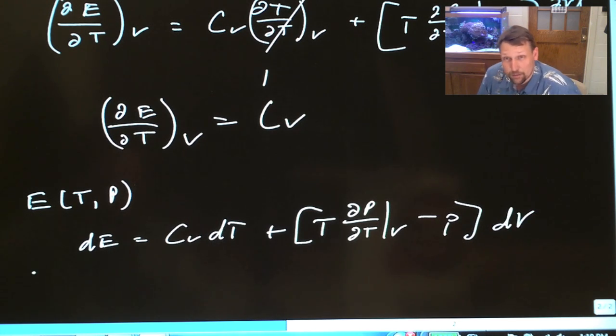Now let's take the partial derivative with respect to temperature at constant pressure and see if we can actually move through this problem and solve it.